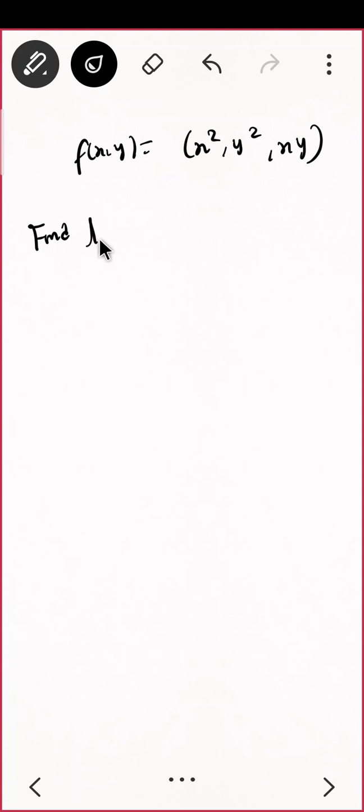See, f of (x,y) is given as (x square, y square, xy). Find the limit as (x,y) tends to (0,0) of the function f of (x,y), that is (x square, y square, xy). What is your guess?